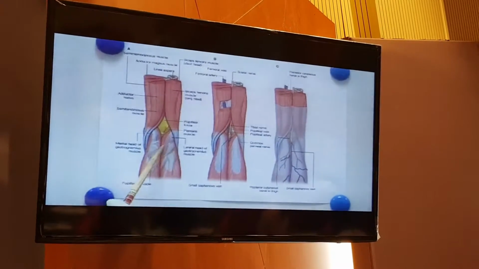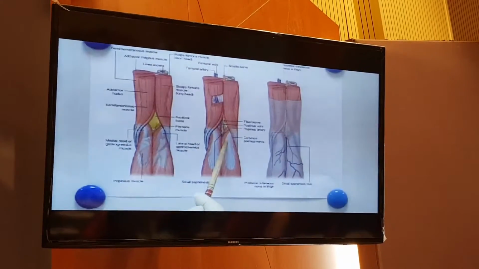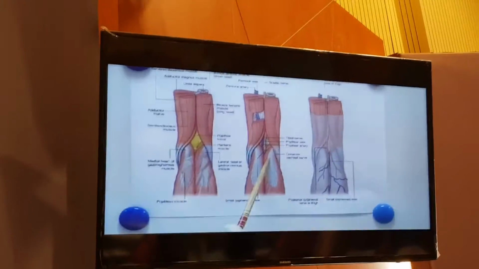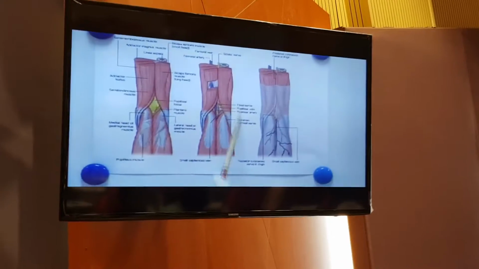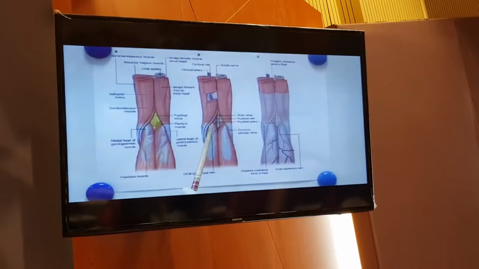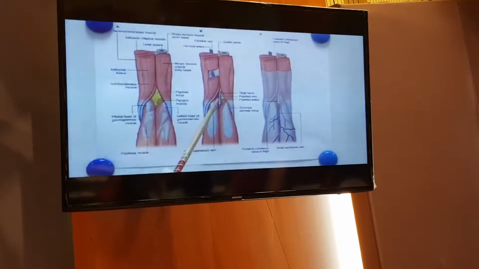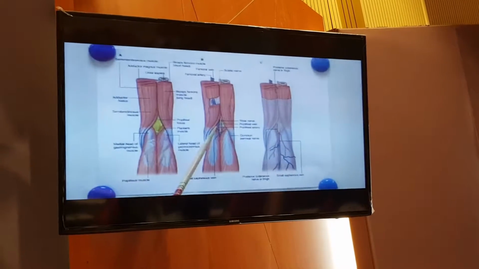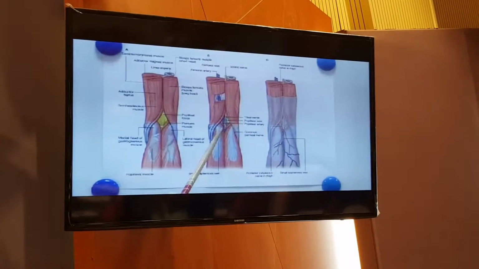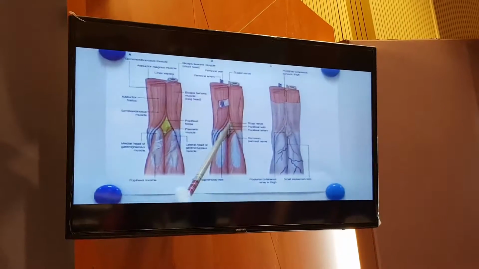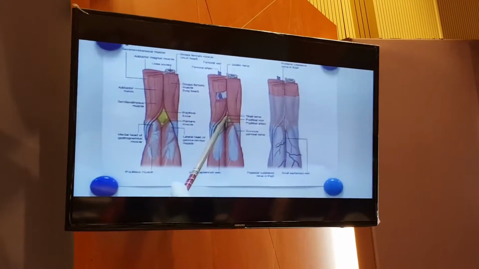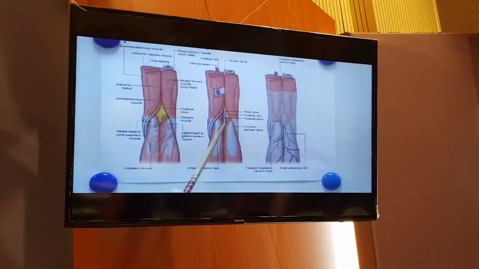What about the contents? If you see here, the contents of the popliteal fossa, this is the medial side, this is the lateral side. If you see from medial to lateral, the red one is your popliteal artery, next is your popliteal vein, and next is your tibial nerve coming down.